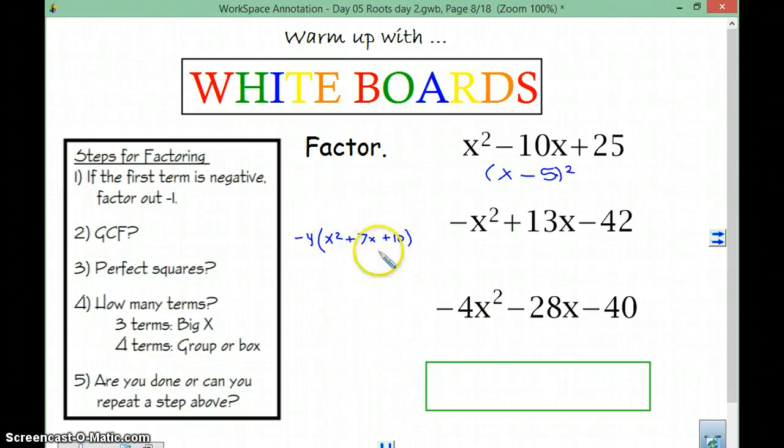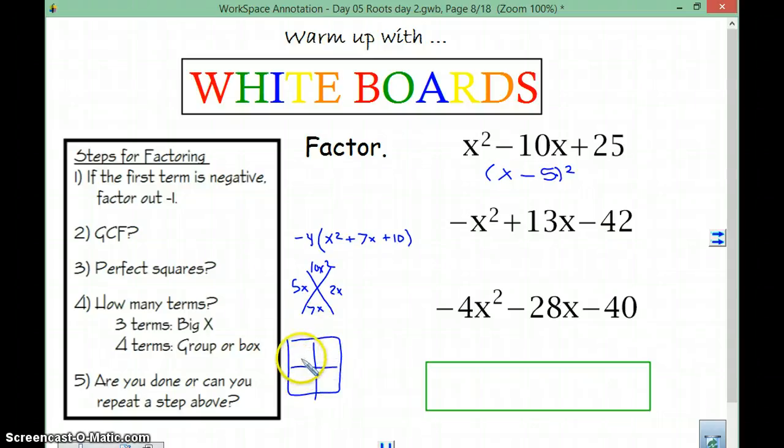All right, now you've got 3 terms. This becomes 10x squared. This becomes 7x. Two numbers that multiply to 10 and add to 7. We've got 5x and 2x. You should be doing this on your own and then just checking against me.